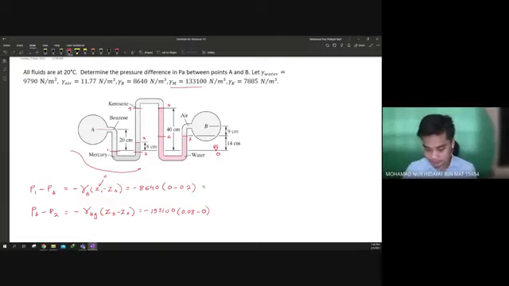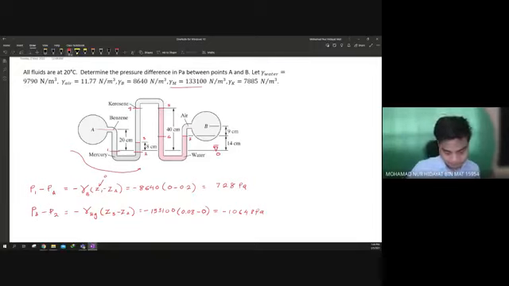You solve, yeah. Negative 10648 Pascal. Okay, from point 2 to point 3.